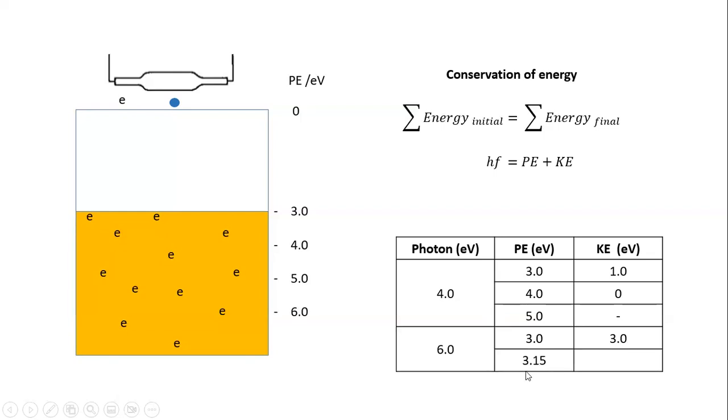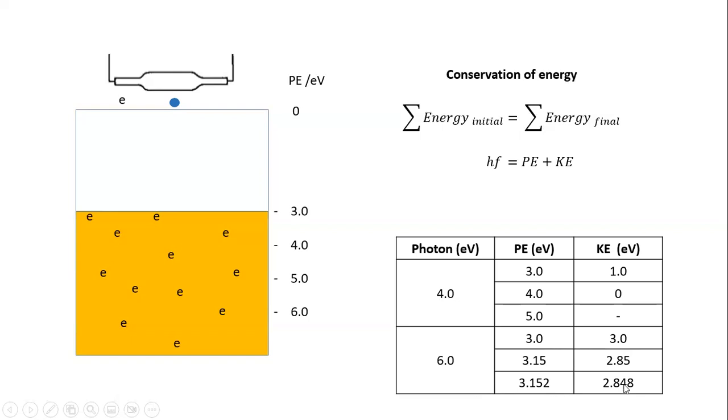So let's consider another electron, 3.15 electron volts of potential energy. This can still absorb the 6 electron volt photon. By the time it comes out, it has 2.85 electron volts of kinetic energy. Okay, let's consider a fourth electron of 3.152 electron volts. It can still absorb and come out at 2.848 electron volts.